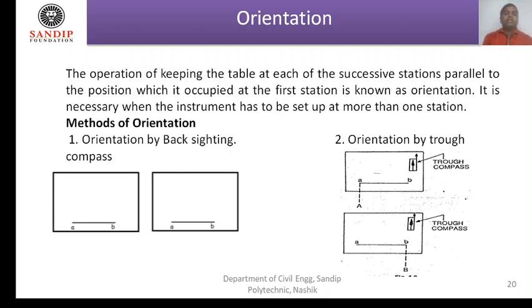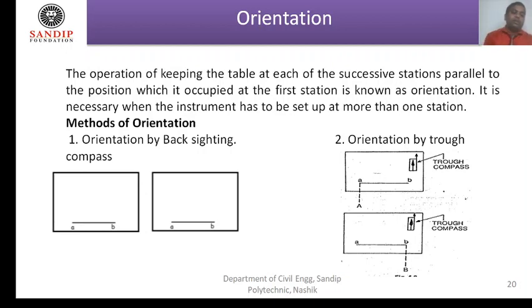This is called a baseline. Whenever a line joins two successive stations, it is called a baseline. In that case, we keep the alidade touching point A and bisect the ranging rod at B. Once we bisect the ranging rod at B perfectly, we measure the ground distance AB, convert that distance by a proper scale and establish it on paper. That is nothing but ab.